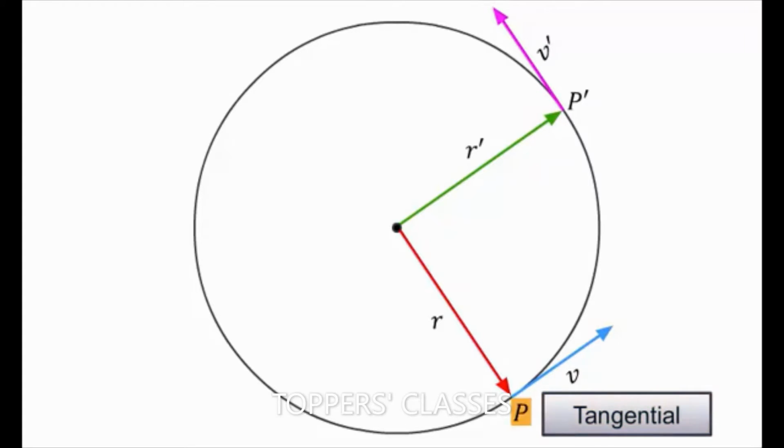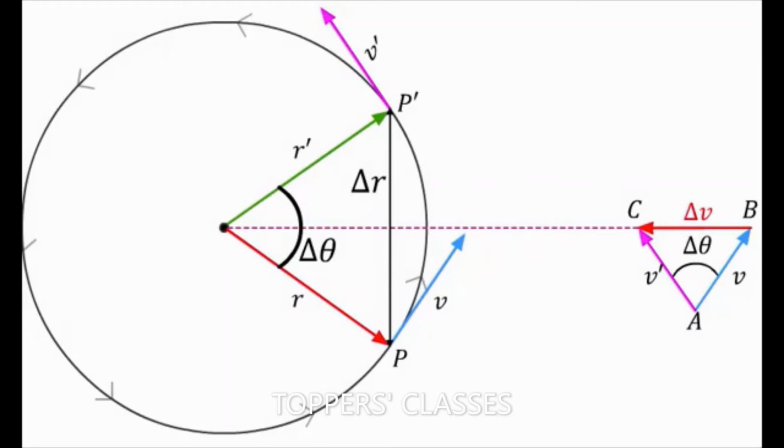The change in velocity, delta v, is obtained by using the triangle law of vector addition. v and r, as well as v' and r', are perpendicular to each other, as v and v' are tangential to the circle, and r and r' are the radii of the circle.